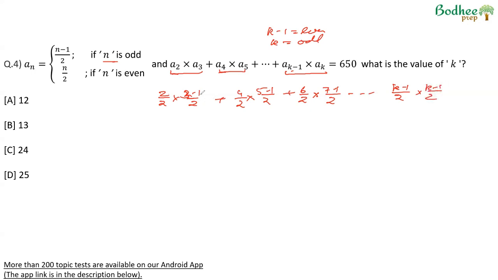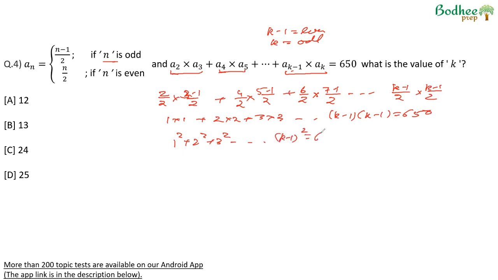So if we look at it, this is 1 into 1 plus 2 into 2 plus 3 into 3 and so on till (k minus 1) into (k minus 1). This is given as 650. Therefore the expression that we get is 1 squared plus 2 squared plus 3 squared up till (k minus 1) whole squared is equal to 650.